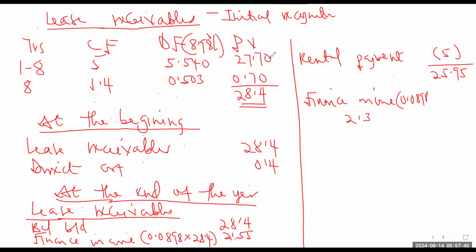But how much are they going to be paying at the end of the year? 5 million. This 5 million comprises both the principal payment and the interest. So if 2.3 is the interest, what would be the principal payment? That would be 2.7.